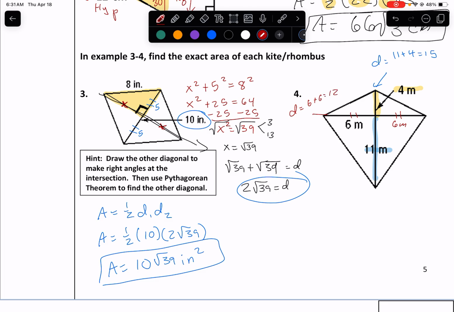So I've now found my diagonals, so I can plug into my formula. 1/2 diagonal 1 times diagonal 2. So 1/2 of 12 times 15. And so our area is 90 meters squared.